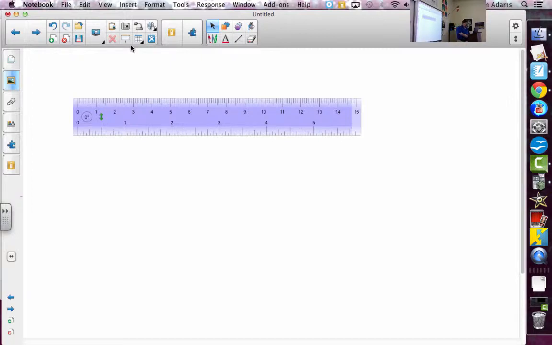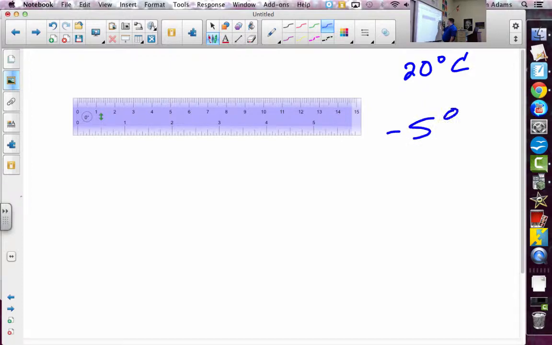And so what we want to look for is this is our ruler. Just pretend it's an aluminum ruler, which means it's made out of metal, and it's accurate at 20 degrees Celsius. That's our first temperature, and our second temperature is negative 5 degrees Celsius.